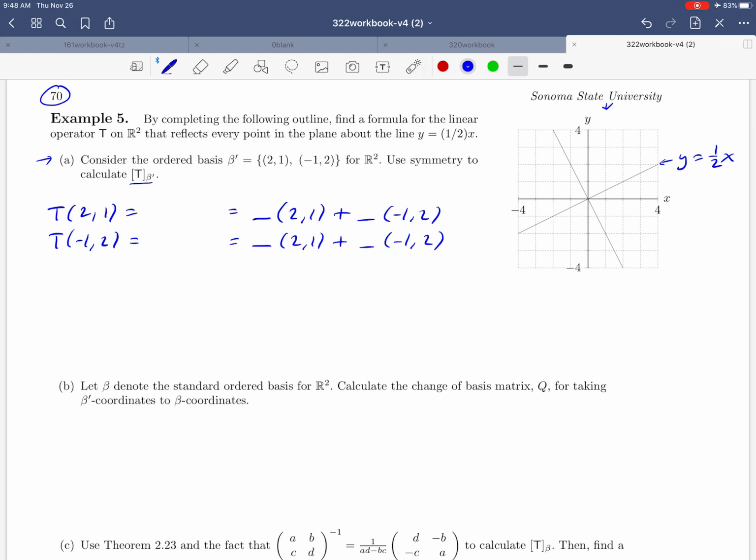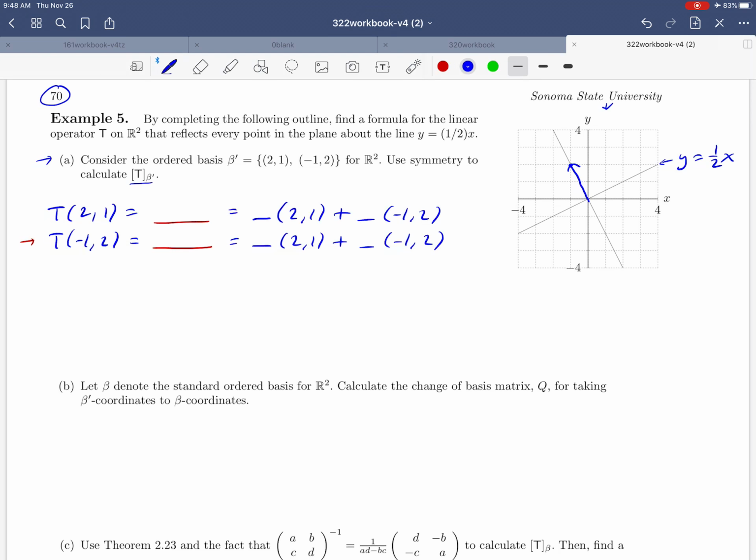Okay, well, before we can do that, we need to know what actually happens when we substitute those two vectors into our transformation. And let's start with the second of the two. I think that might be easier to start there. So where is the vector (-1, 2)? Well, in our picture, that would be sitting up here. I'll draw it as an arrow.